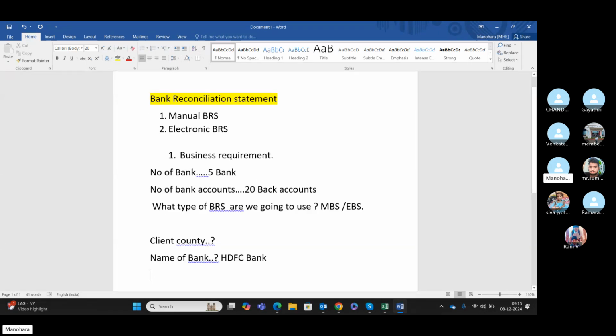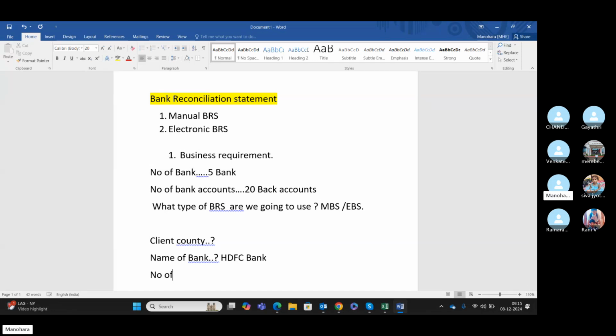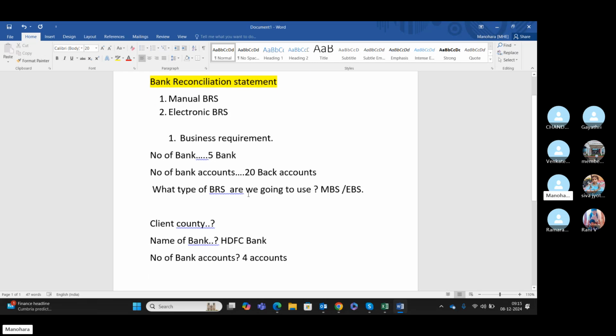Number of banks, number of bank accounts. For example, 24 accounts or 4 accounts. BRS format: bank format means, are we going to use electronic BRS or manual BRS?